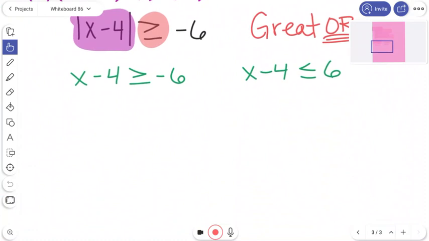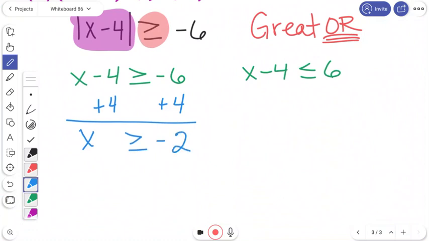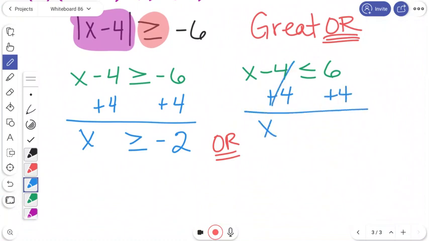We're just going to solve both of our inequalities. Add 4 to both sides, and that leaves you with x is greater than or equal to negative 6 plus 4, which gives us negative 2. Or we're going to solve this one. Add 4 to both sides of your inequality. x is going to be less than or equal to 6 plus 4, which is 10.